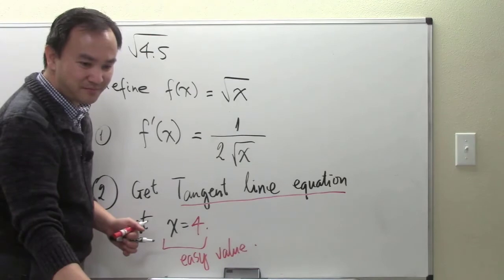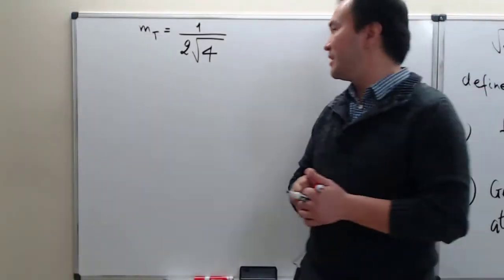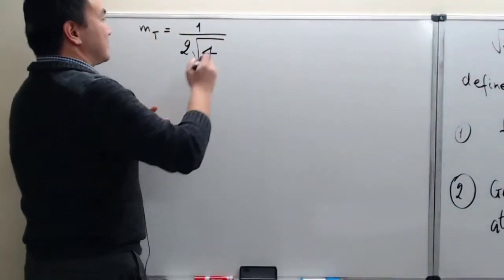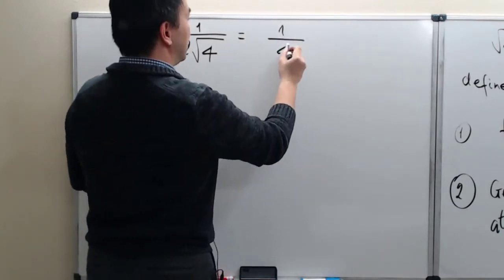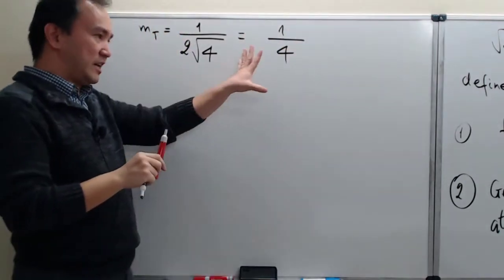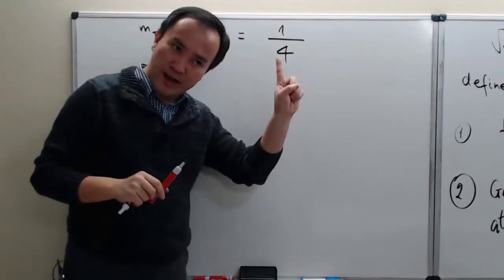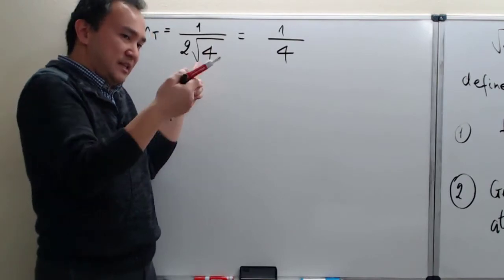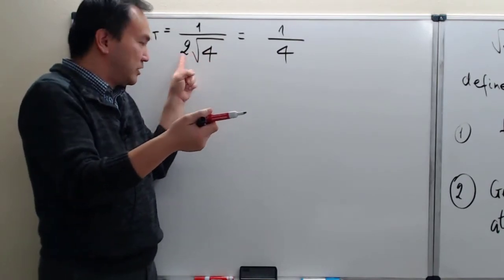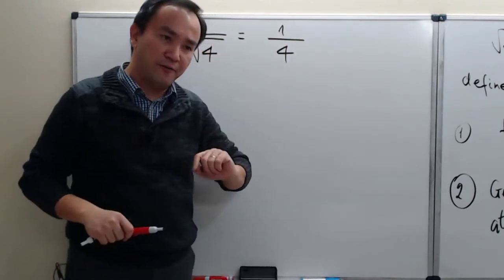Okay? And so in that way, the slope here is going to equal 1 over 4. You see, when it gets to this, I've been going completely without the calculator. Why is that? Because 4 itself is so easy that square root of 4 is quickly a 2, and 2 times 2 is a 4. You get a slope of 1/4.